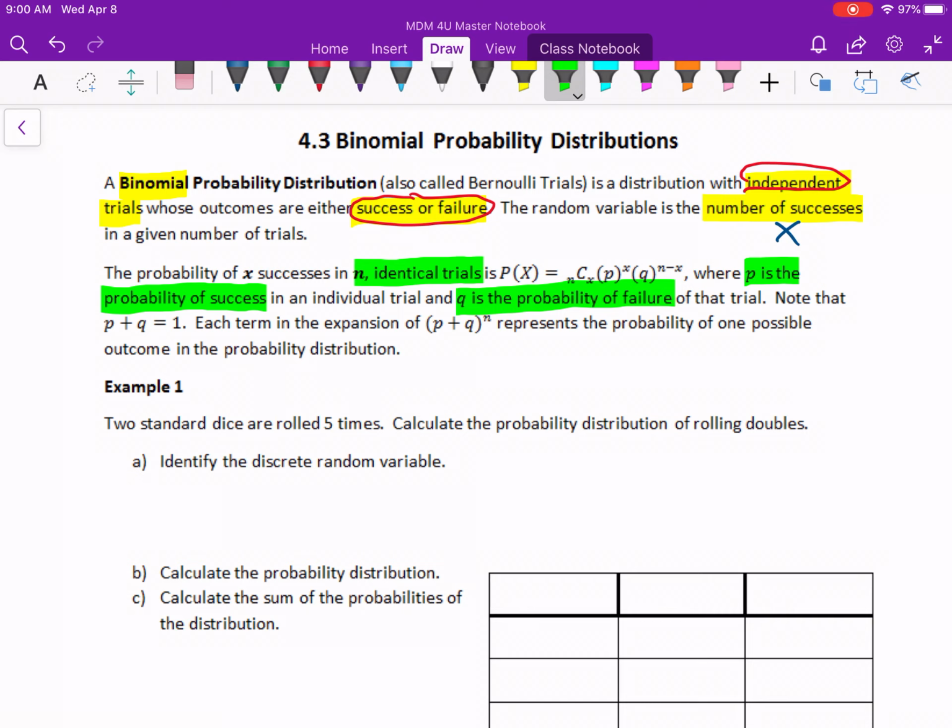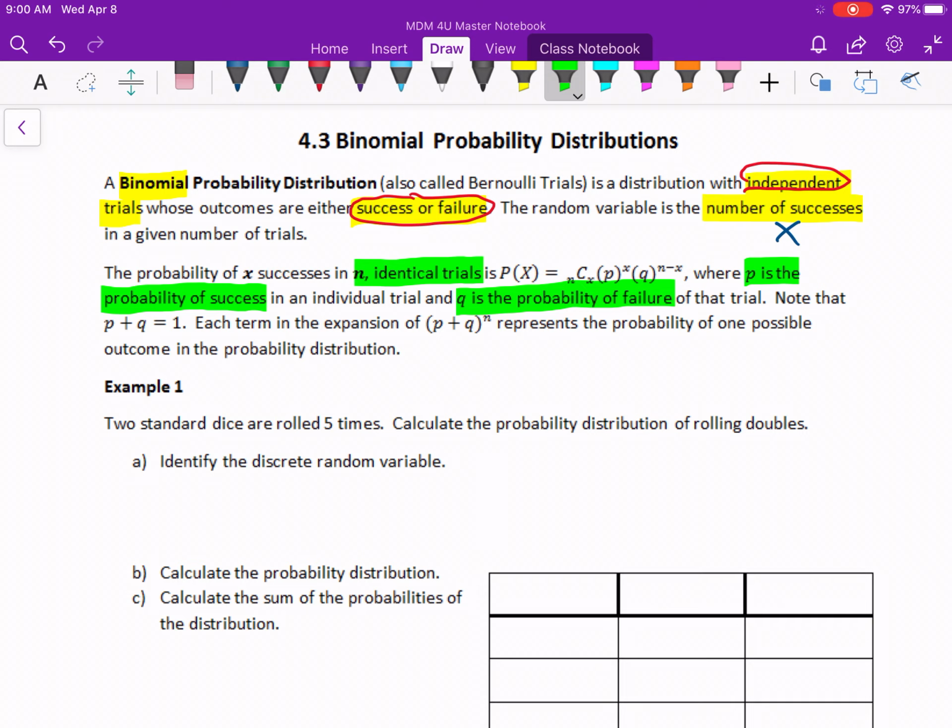Note that P plus Q must equal 1. Again, that's the equivalent of saying that the probability of success plus the probability of failure equals 100%. Of course, that needs to be true. Each term in the expansion of (P plus Q) to the N represents the probability of one possible outcome in the probability distribution. So that may look kind of familiar.